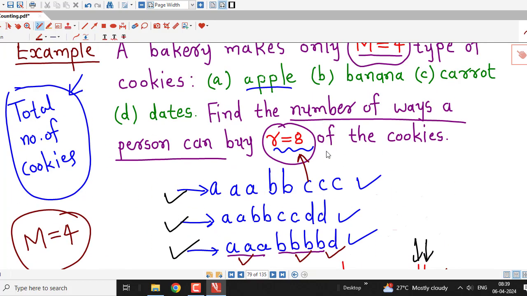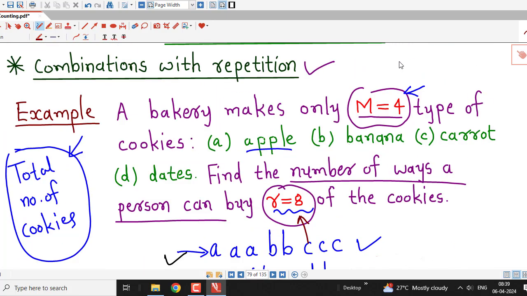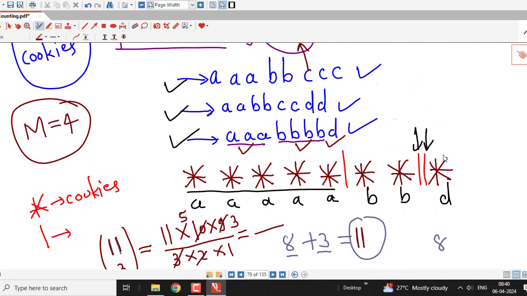Here I have to purchase, or a person has to purchase, 8 cookies, and the types of cookies are 4. So we denote cookies by stars, and because there are 4 types of cookies, we are taking m-1, that is 3 bars here. So we have understood that by changing the position of these 3 bars among all these 11 positions, we are able to determine the different selections of 8 of the 4 types of cookies.